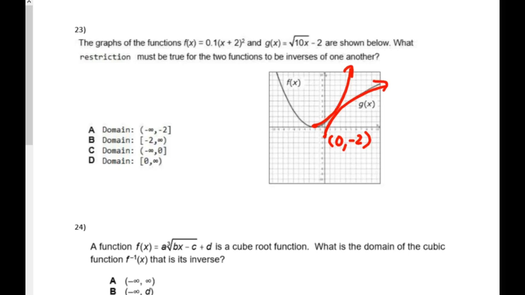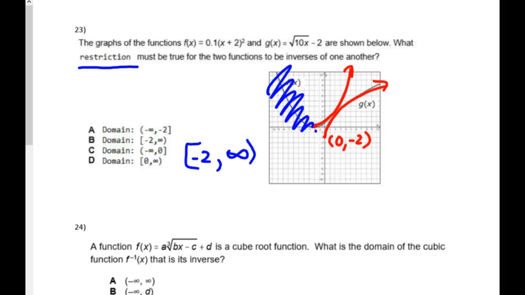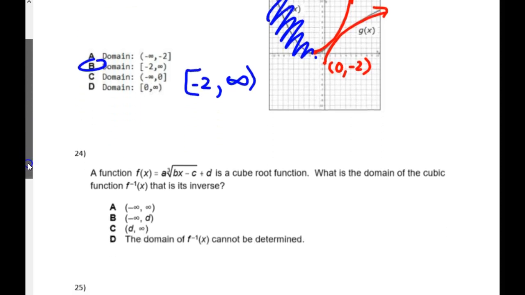So what we want to do is cut out this part. Our restriction is going to be starting at this x value, which is -2, inclusive, and it goes to the right forever to infinity. So the domain is from -2 to infinity, from left to right, so domain.